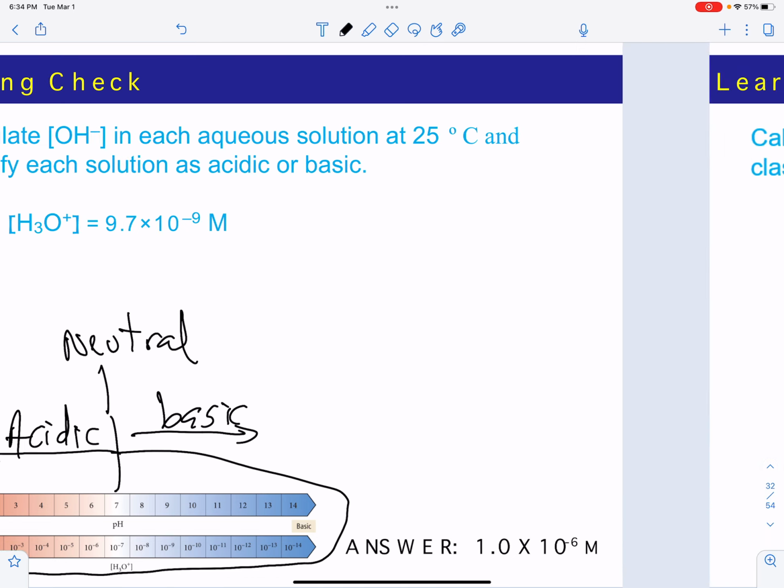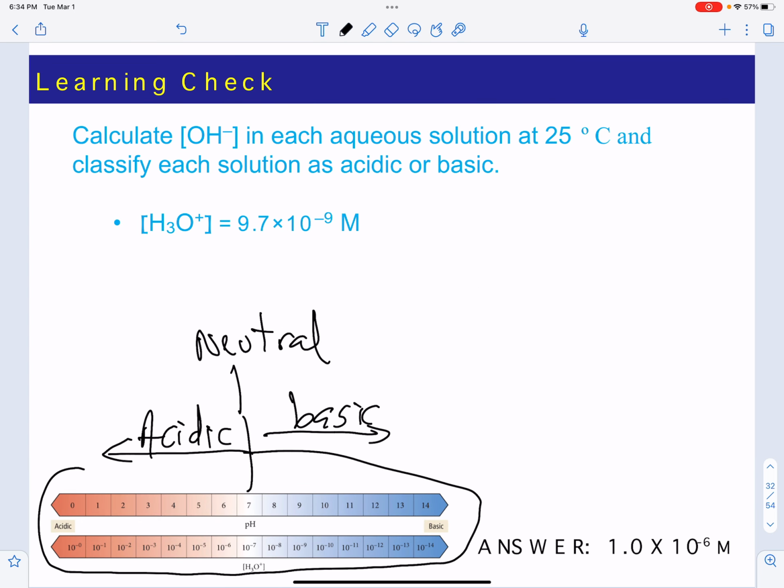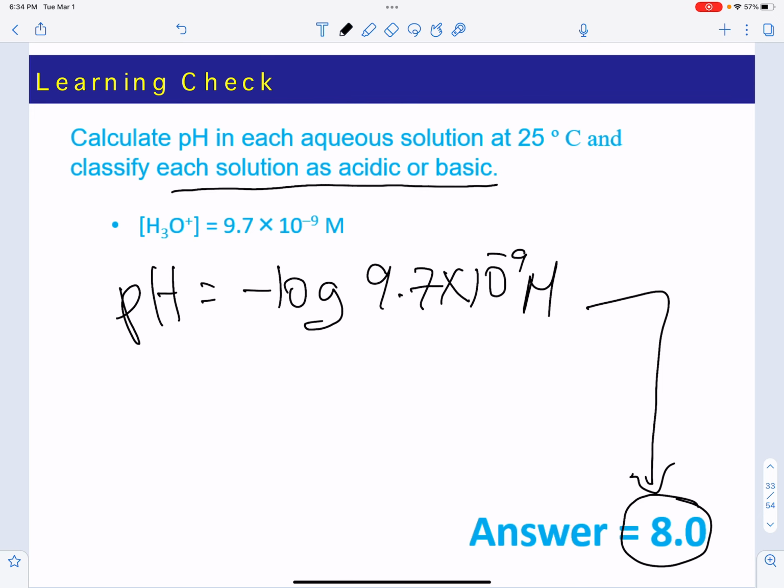So given that we found a pH of 8, that's going to be basic. So that's all you have to do. Recognize this scale, and be able to figure out which is which.